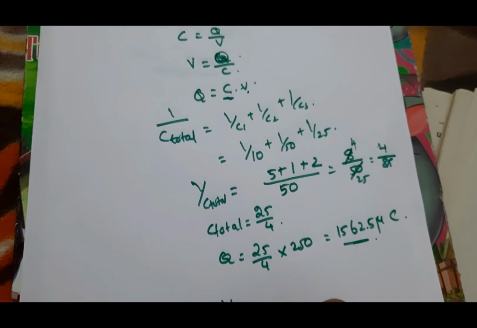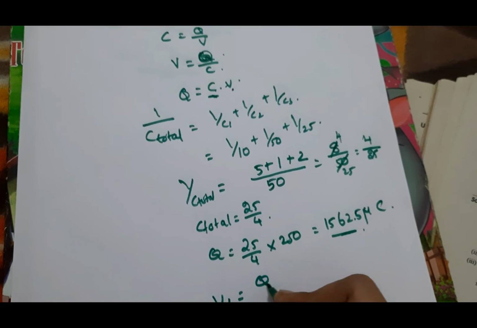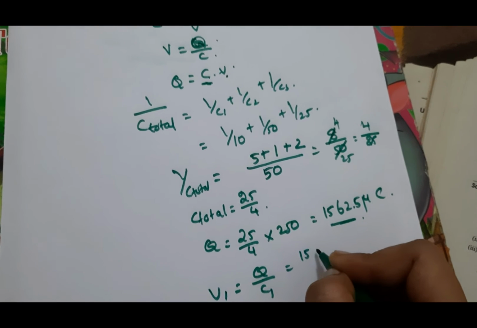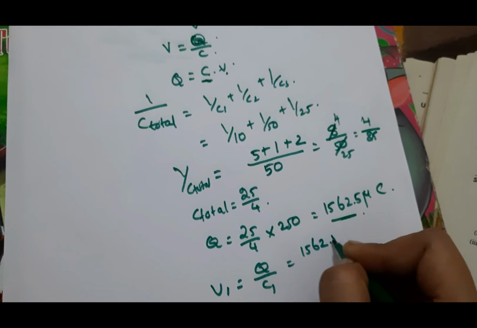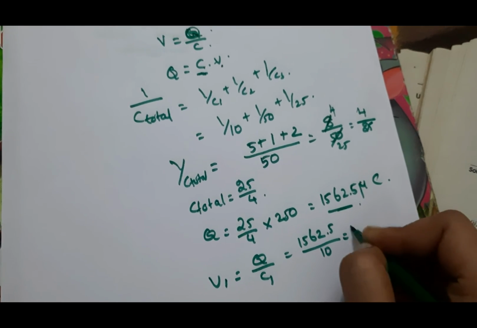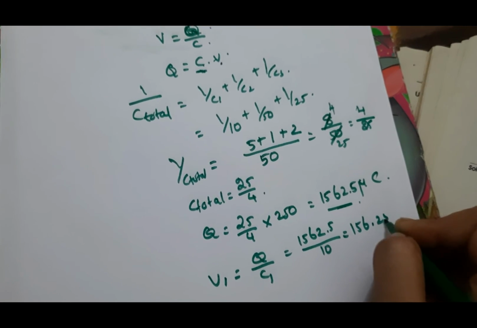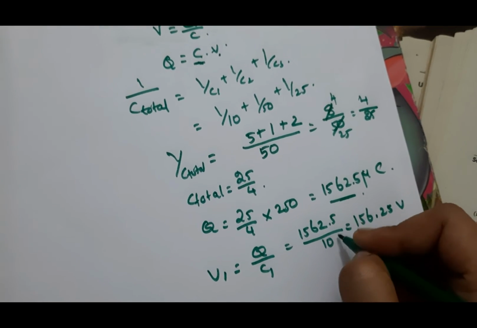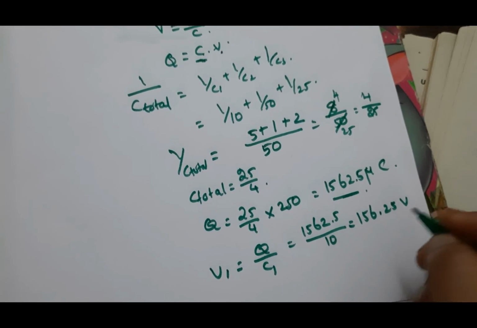V1 is equal to Q divided by C1, so 1562.5 divided by the C1 value of 10, which is 156.25 volt. Micro gets cancelled, so volt.